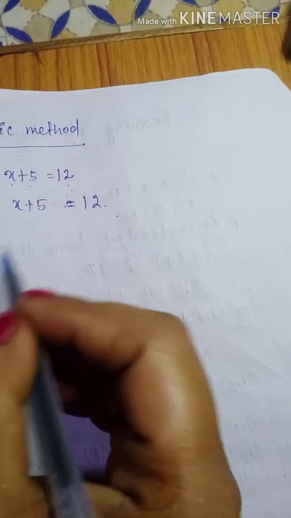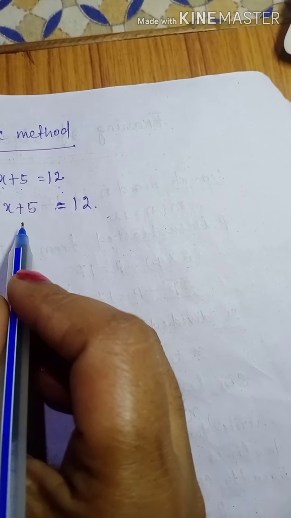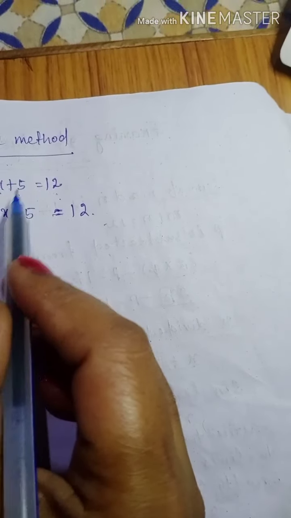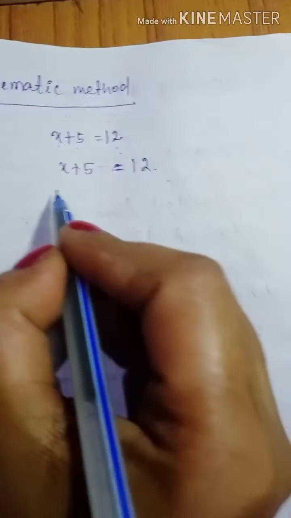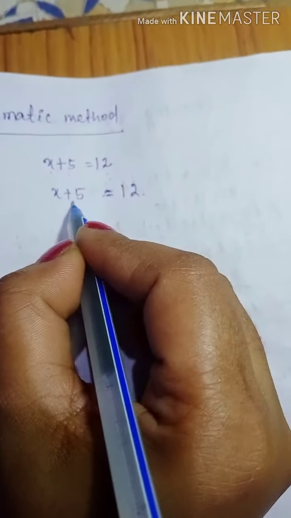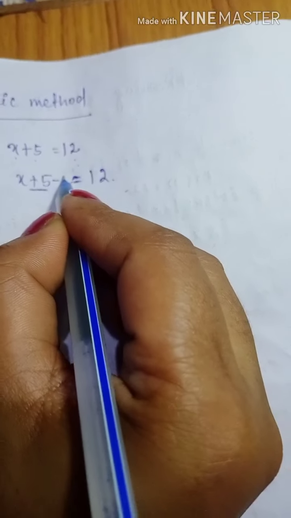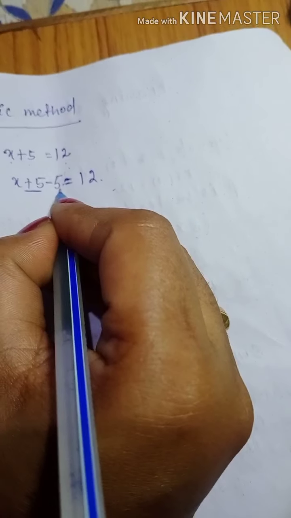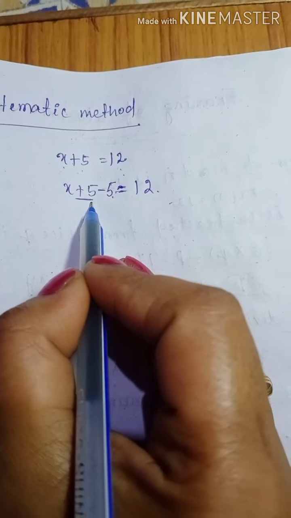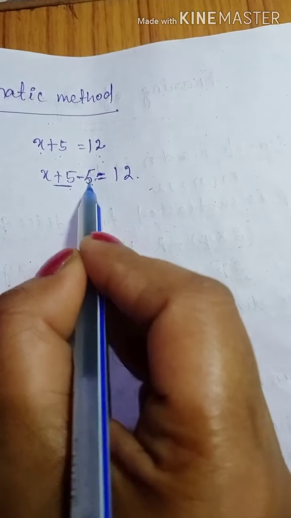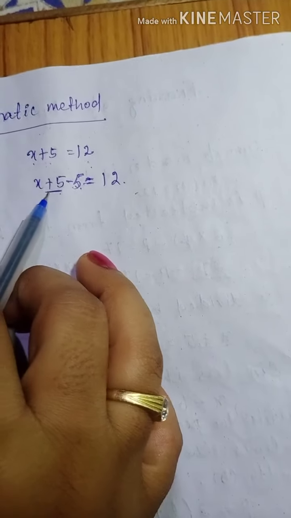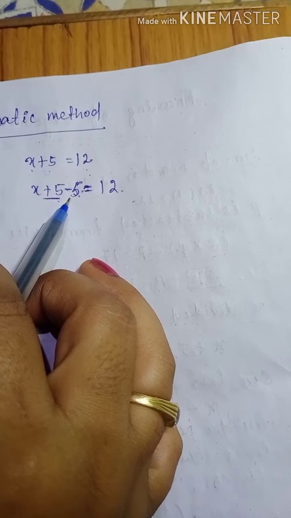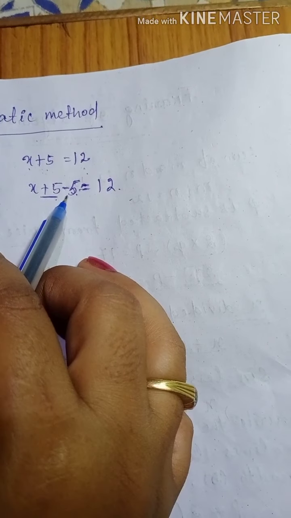See what I should do. To keep balance, whatever we do on one side, we should do the same with the other side. Here, x plus 5 is given, so I am putting minus 5. As plus 5 is given, I am adding its inverse, meaning plus 5 is given so I put minus 5.